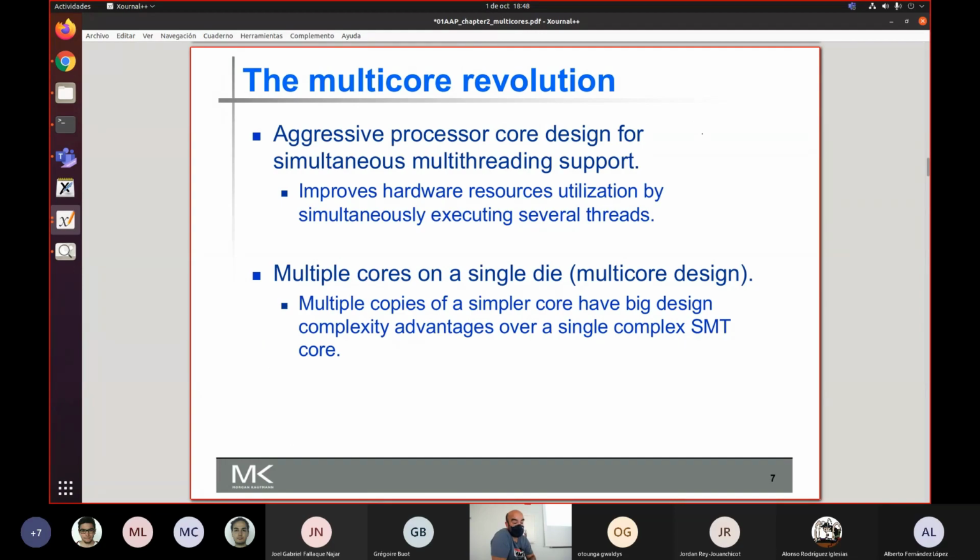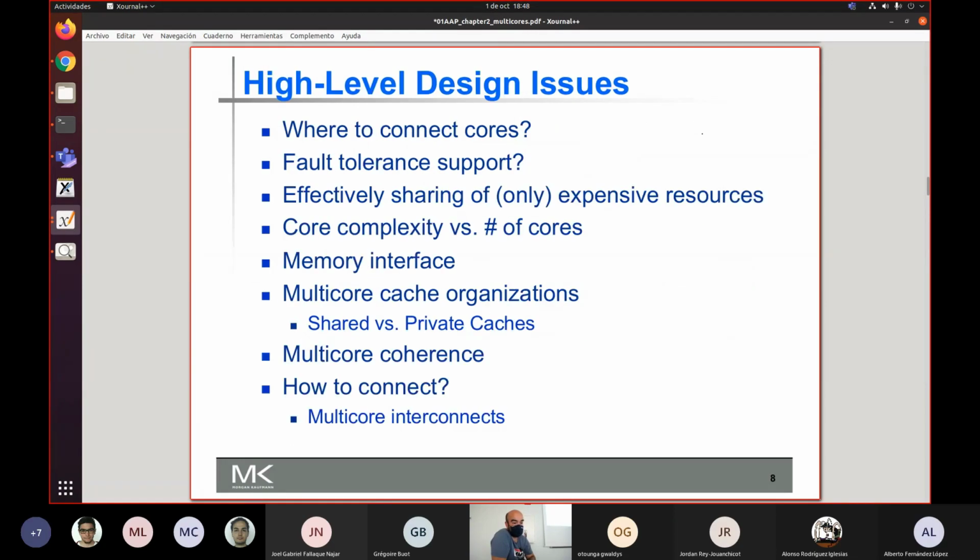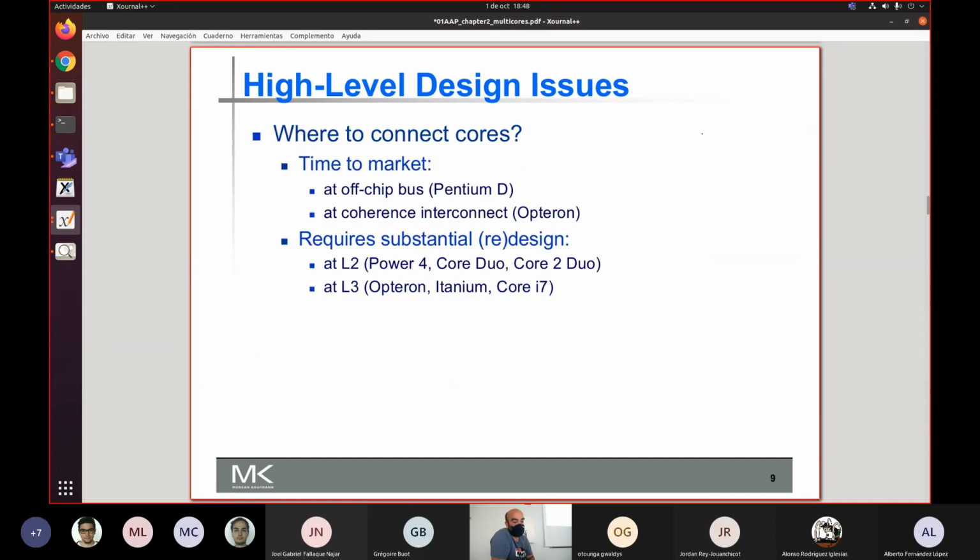So in the rest of these slides, what we are going to see are different design decisions that the designers of a multi-core processor have to take. The first decision is where to connect the cores to each other. So the current solution is this one.